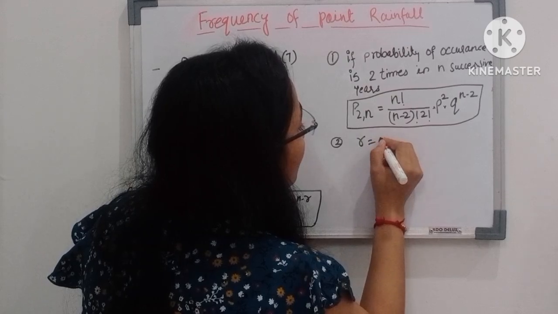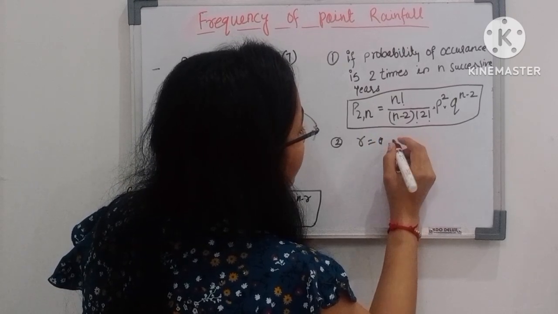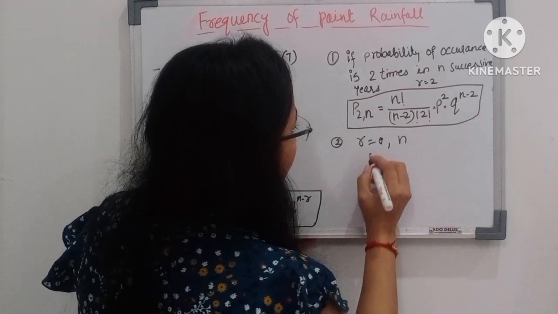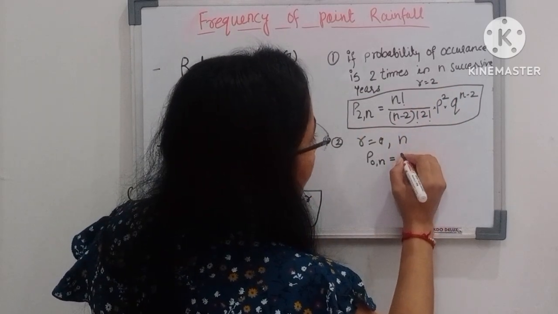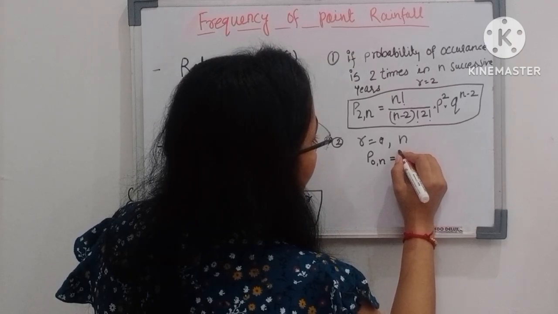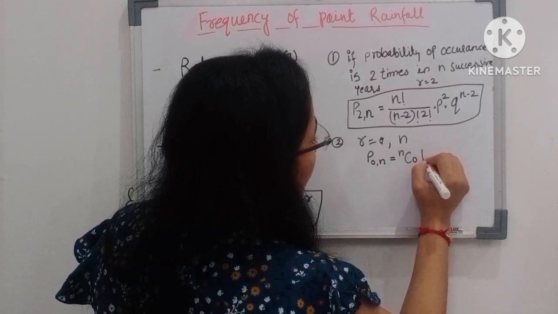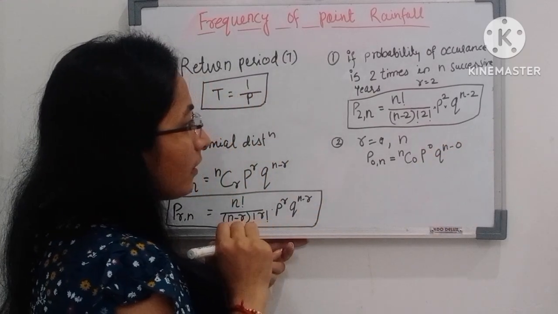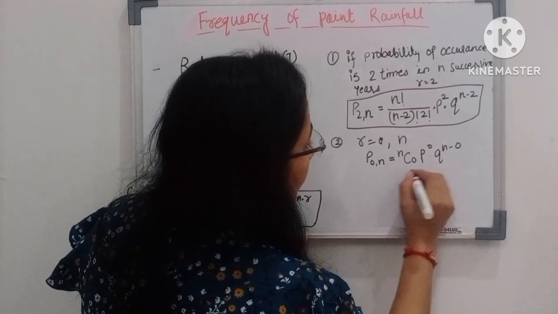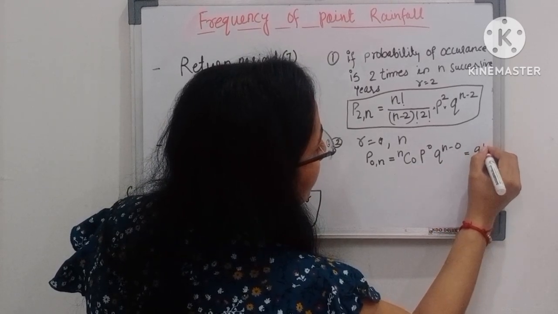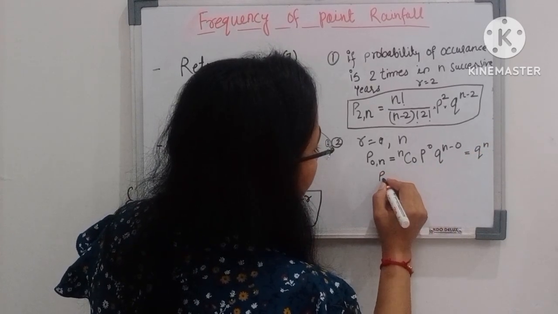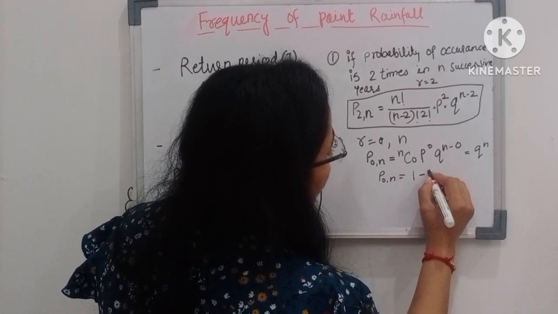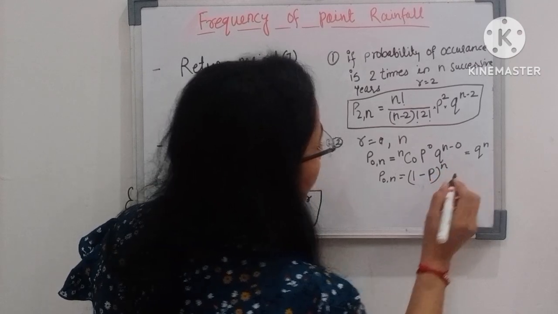Next condition is the probability of occurrence 0 times in n successive years. R is equal to 0. After solving this, it will be nC0 p to the power 0, q to the power n minus 0. So we will get q to the power n, or we can write P(0,n) is equal to 1 minus p to the power n.